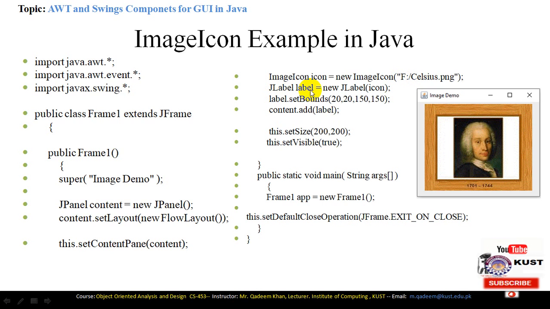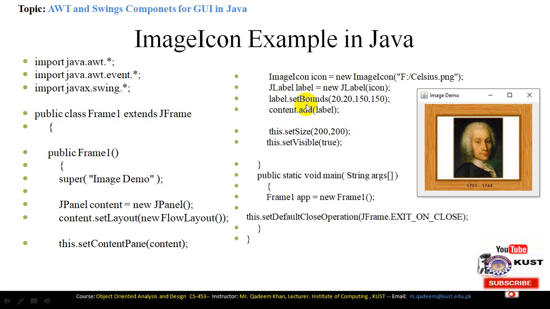Then we have JLabel label = new JLabel(icon). Dear students, remember that the ImageIcon should be passed into the constructor of any component, for example JLabel or JTextField or any other. So icon will be here as a particular image, not a label or a string.